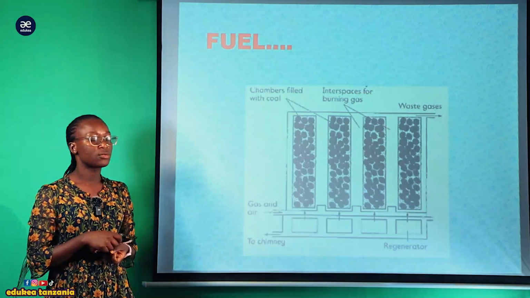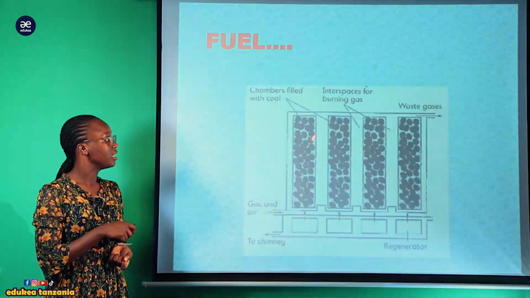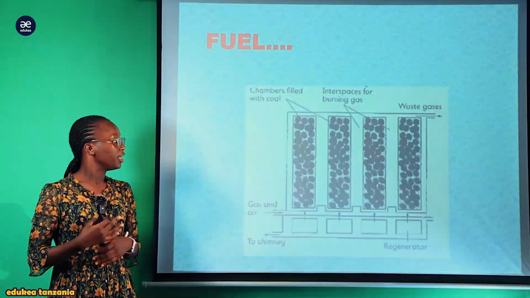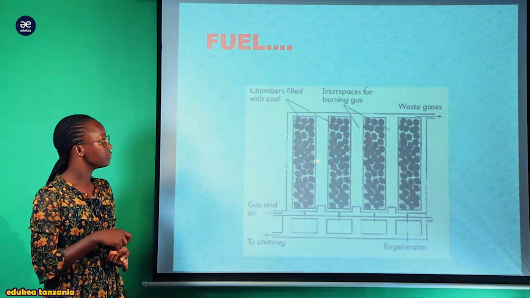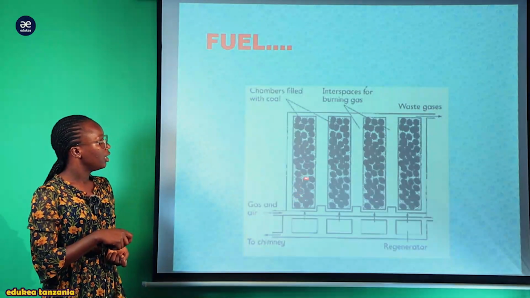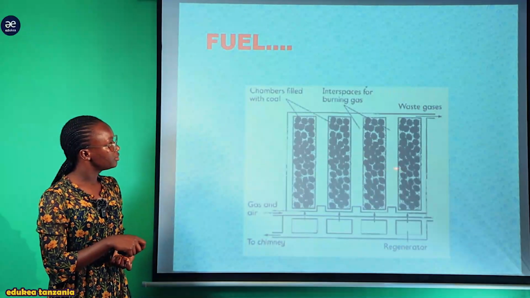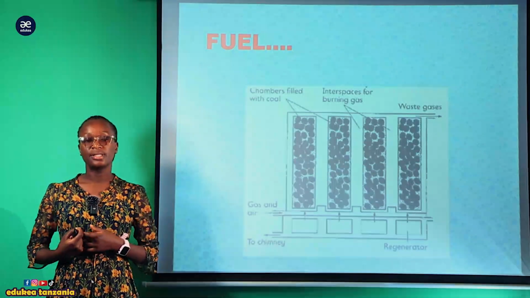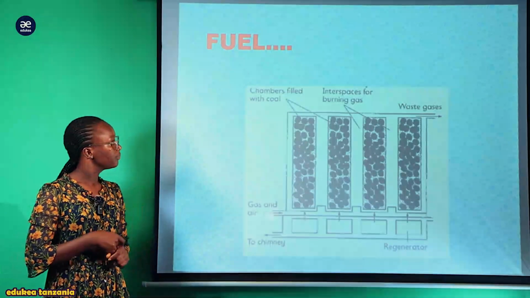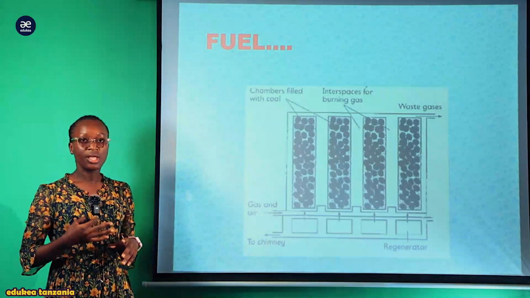As you can see here, this is the first part, and this one is second, third, fourth. Both of them have the coal within. So we expect that after applying the mechanism here for distilling the coal is where we can obtain our final product, which is coke.